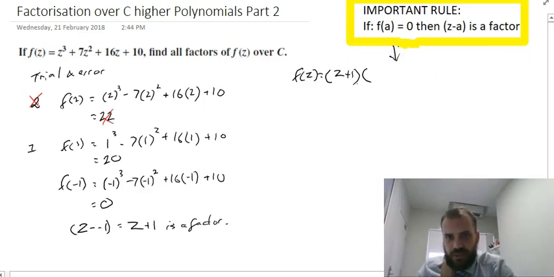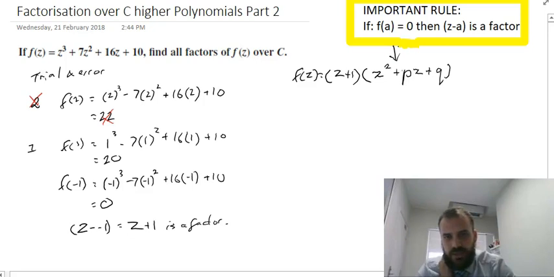A quadratic times a linear factor is going to be a cubic. So that factor is going to be z squared plus pz plus q. I know it's just z squared because z squared times z is going to be z cubed.